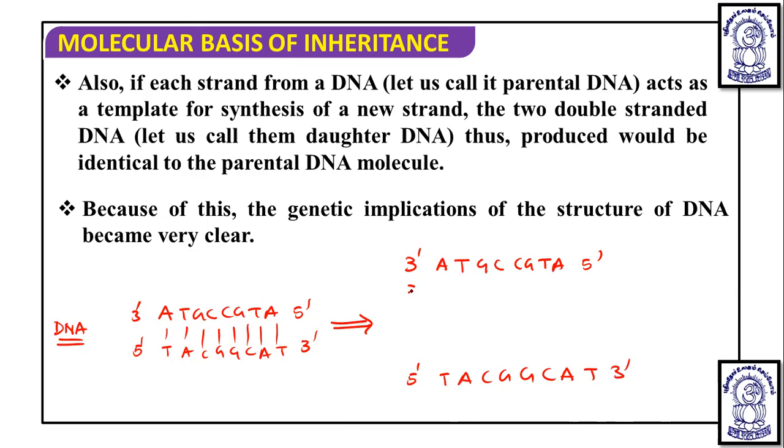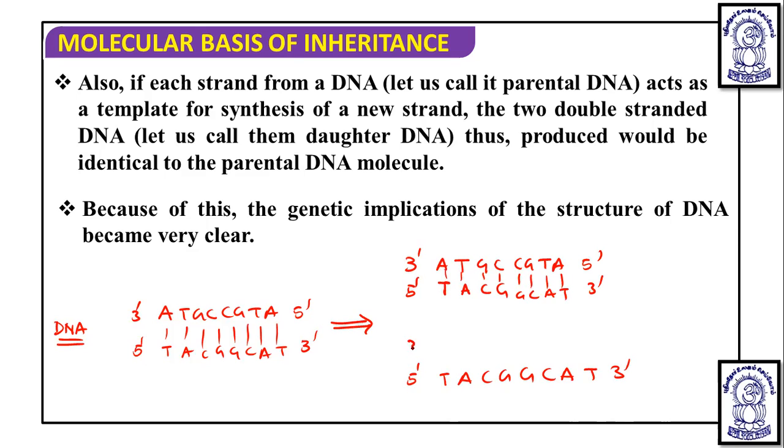Now on the opposite side, new strands will be synthesized. So what is complementary to this? A is complementary to T. T is complementary to A. Complementary to G will be C. Then here also you will find G, C, A, and T. And this is 3 dash.